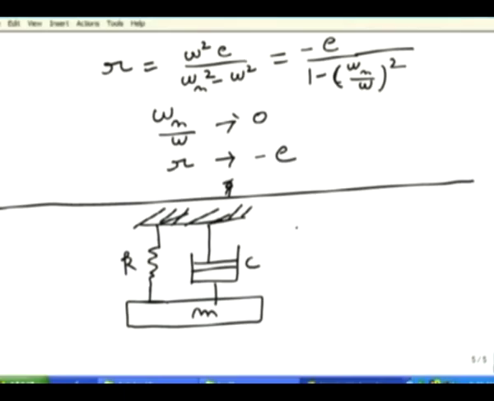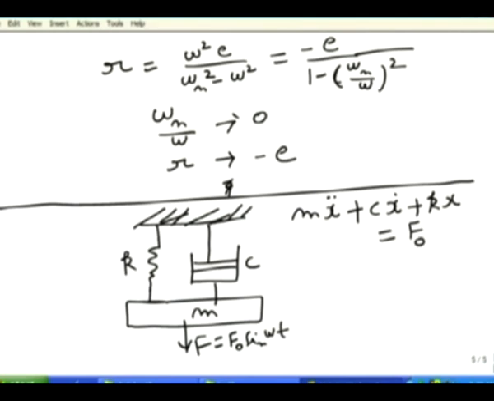The equation of motion is m x double dot plus C x dot plus K x equal to F. Now, if F is equal to F0 sin omega t, this is a second order differential equation.